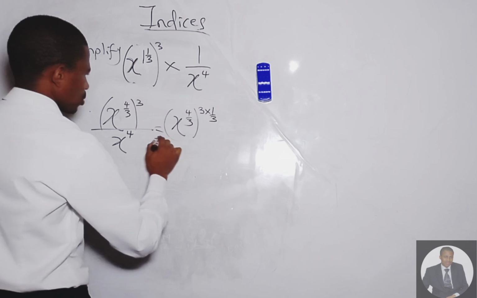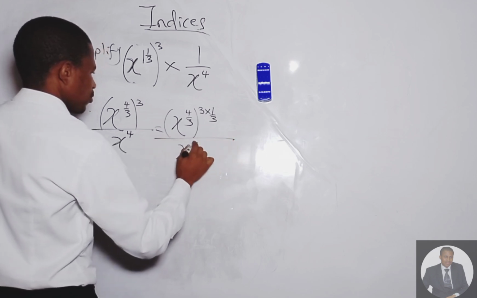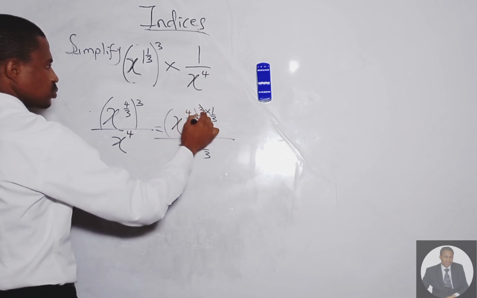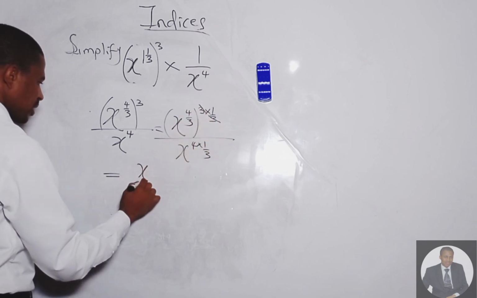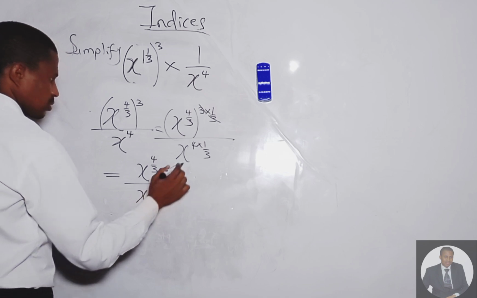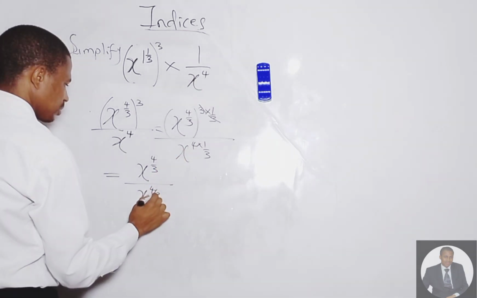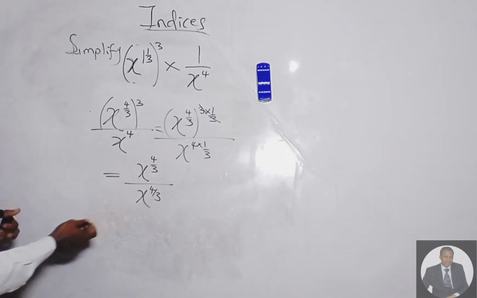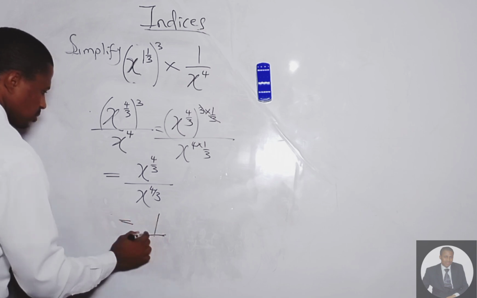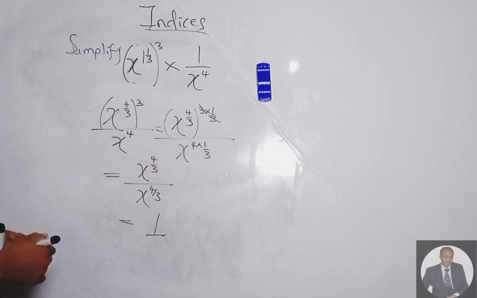That's cube root. And x raised to the power 4 times 1 over 3. What does this equal? This will cancel itself to be x 4 over 3 all over x 4 over 3. What is on top is the same as what is below. So what do we have? 1. This will cancel this altogether.